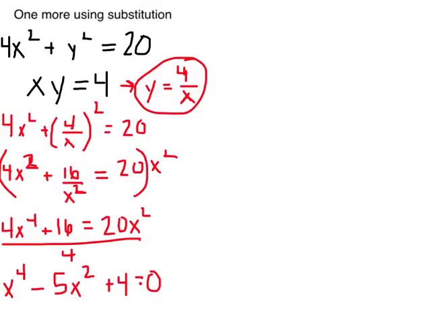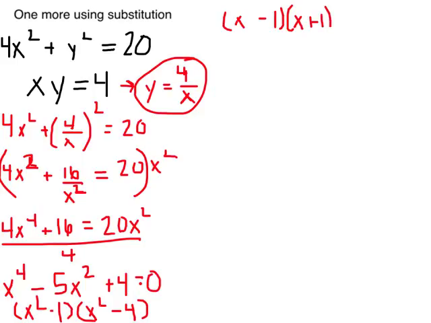I have x to the 4th. That means I'm going to have 4 values for x. If we go ahead and factor that, we get x squared minus 1 and x squared minus 4. Which means that I get, factor one more time, x minus 1, x plus 1, x minus 2, x plus 2.